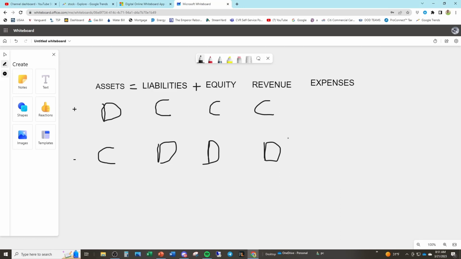Think about an expense. It's the exact opposite. An expense is equity or value leaving your business. So if it's the opposite of a revenue, you would debit it, and then to decrease it, you would credit it. So the key lesson I want to impart on you here: everything can be debited or credited.